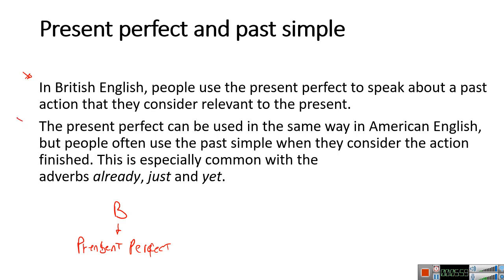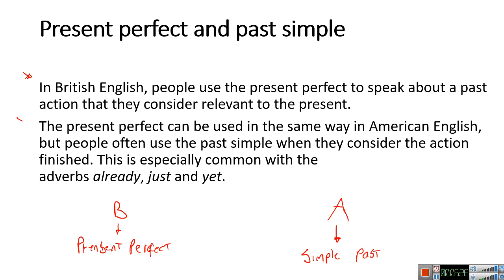Whereas the present perfect can be used in the same way in American English, but people often use the past simple when they consider the action finished. This is especially common with adverbs like already, just, and yet. So in America, people are going to use simple past or past simple.